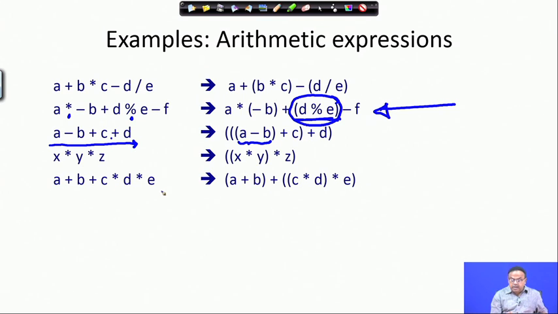Similarly, here normally given this would be done first, then this, then the addition should have been done. But I have overridden that by saying that okay, first you do A plus B, then you multiply C and D, multiply by E, that is there anyway, and then you do the addition. But this is actually overriding the normal precedence.